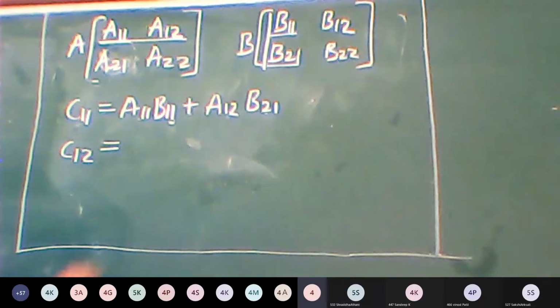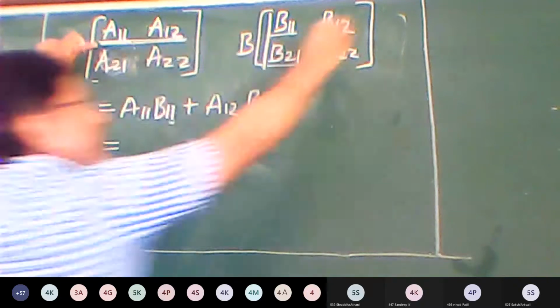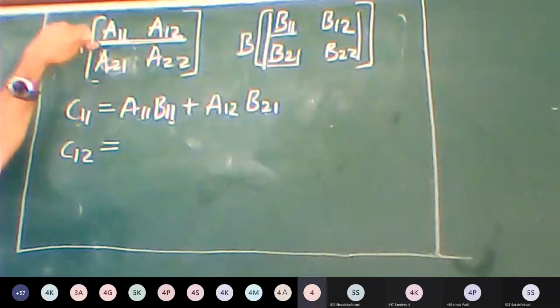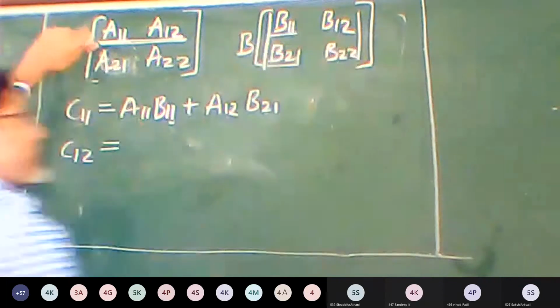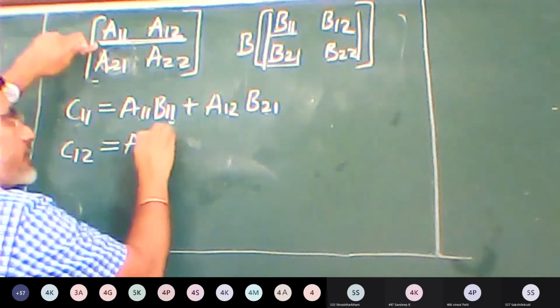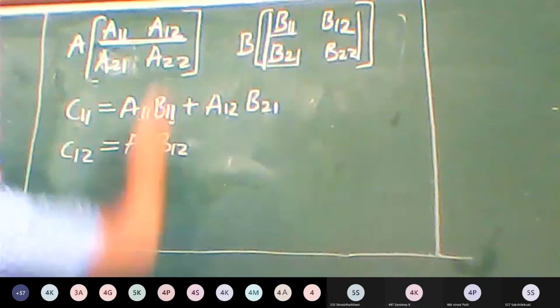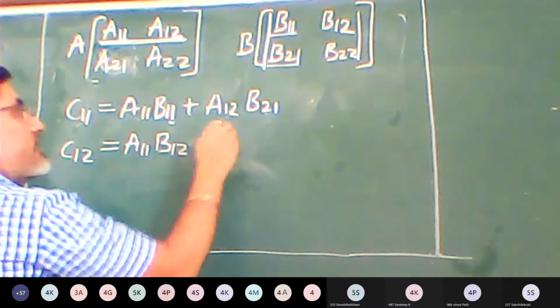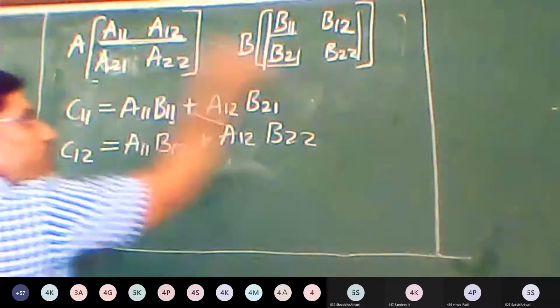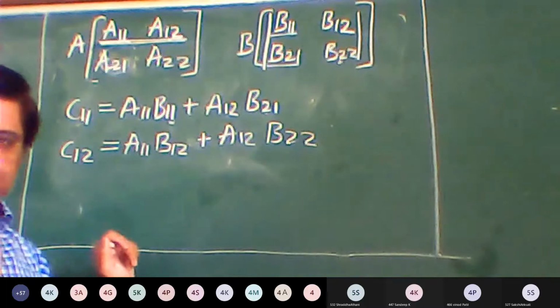It is the first row of A, second column of B. Nothing but A11 into B12 plus A12 into B22. Followed? Yes, sir.